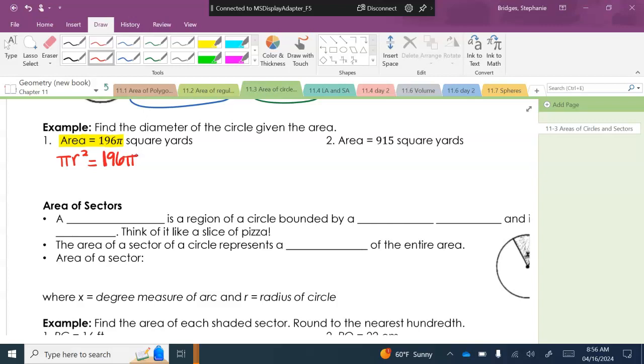Does everybody understand what I did? I replaced the word area with the formula for area, and I set it equal to what they told me the area was.